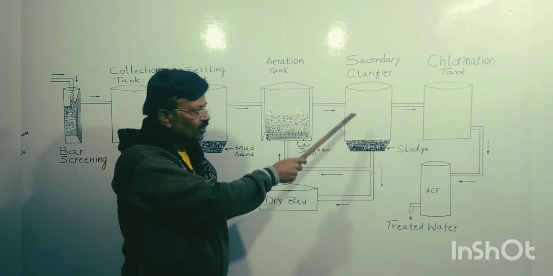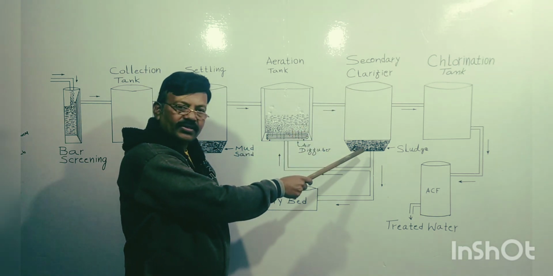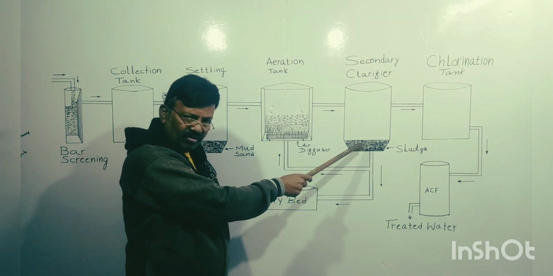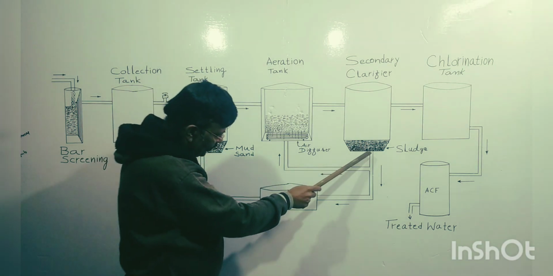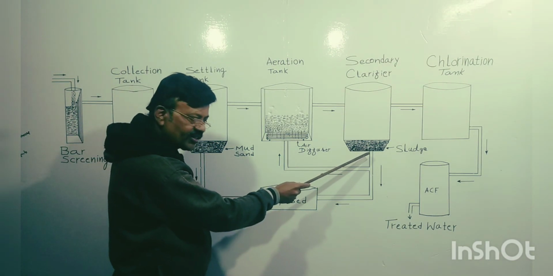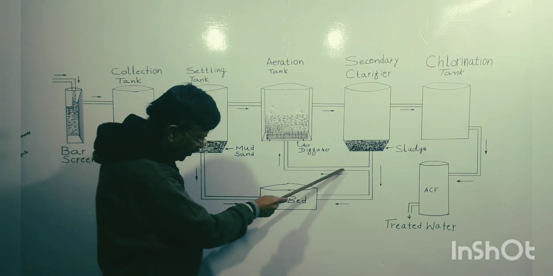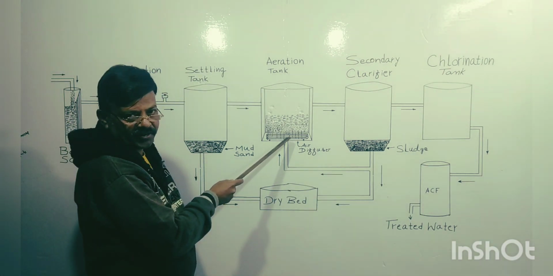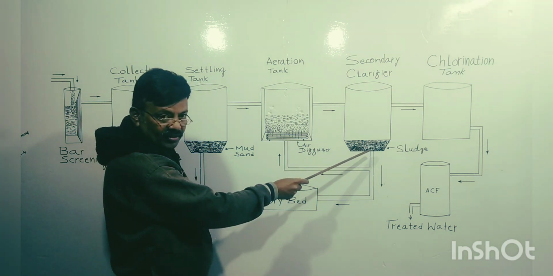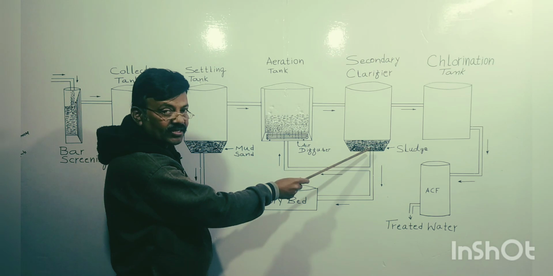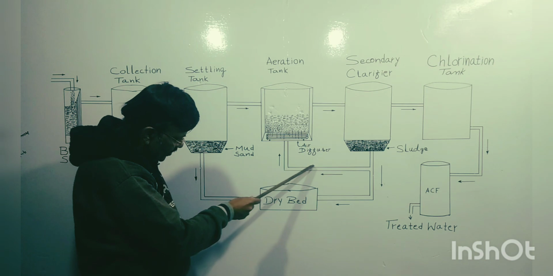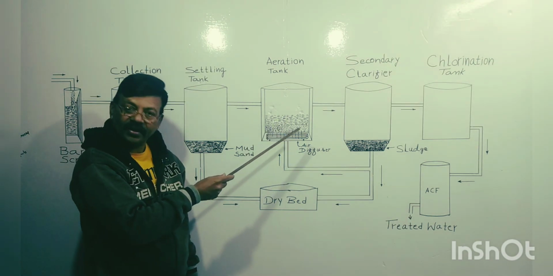You know that the secondary clarifier has activated sludge at the bottom of the tank, and you can observe that some portion of activated sludge which is settled at the bottom of the secondary clarifier is returned back to the aeration tank.